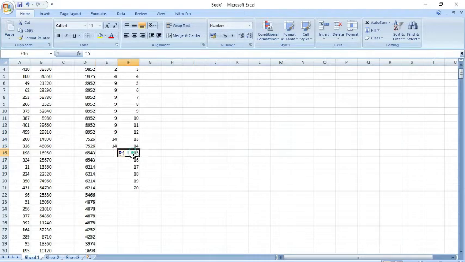Then this is 15, 16. The average is 16. Then this is how many? 20. So that is 19. So this rank is 19.